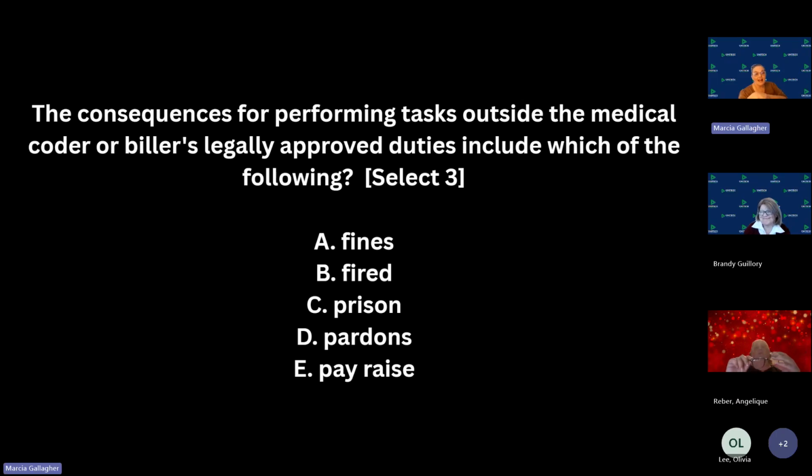Now, I say reason that out because there's two of them that just don't make any sense, right? A and B and C. A and B and C, yes. That is absolutely correct.